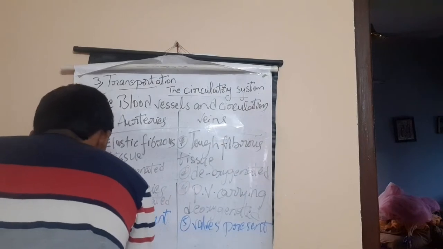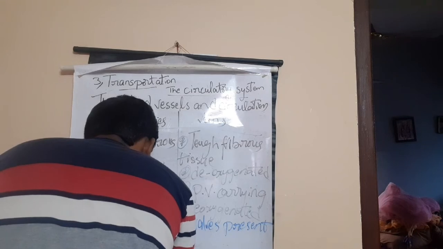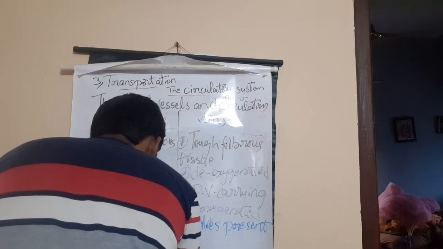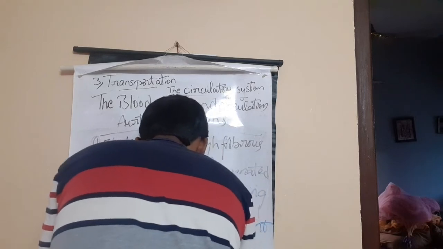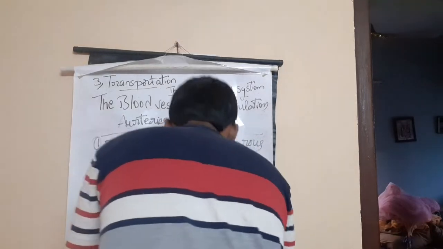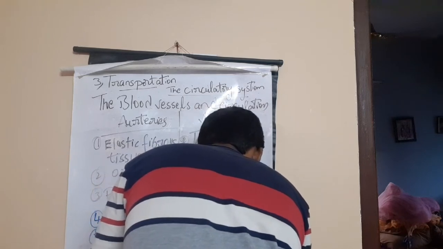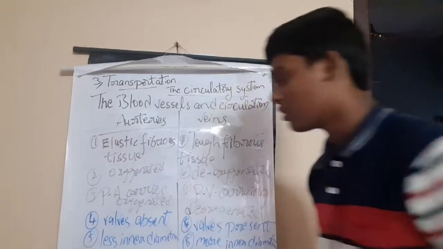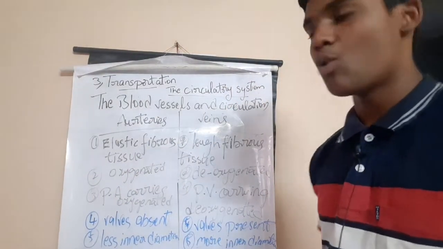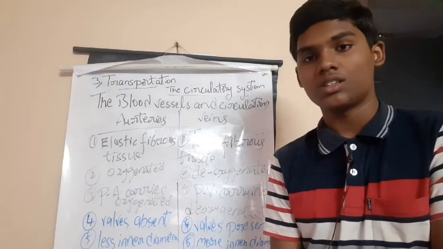Now arteries have less inner diameter and veins have more inner diameter. We will observe this in the structure of the arteries and veins.